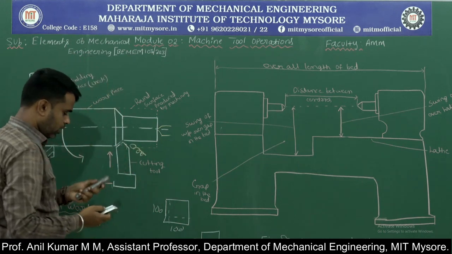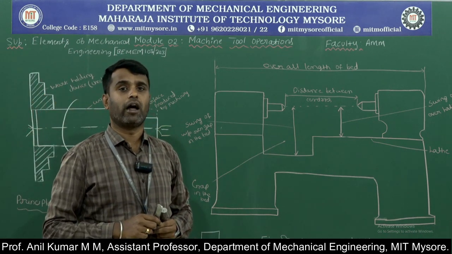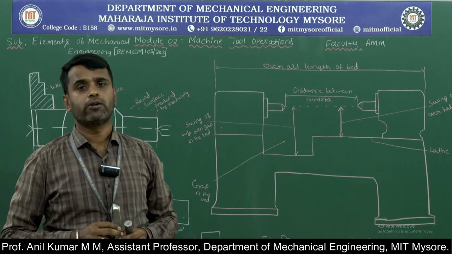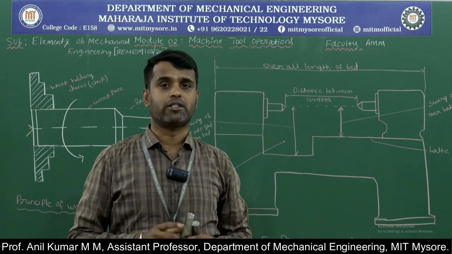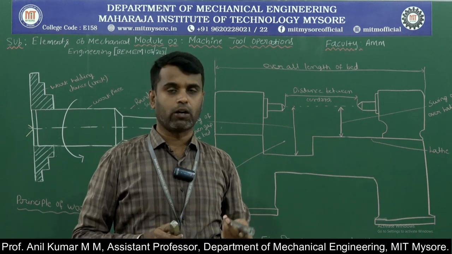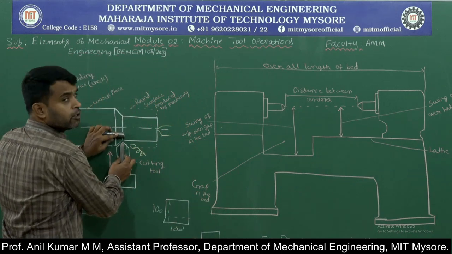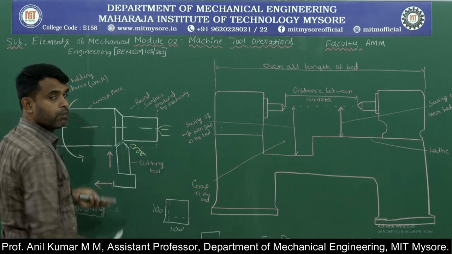The cutting tool we use should always be stronger and harder than the workpiece material. Normally the cutting tool is made of high carbon steel, high speed steel or carbides, and the workpiece will be mild steel. We just have to feed the stationary cutting tool against the rotating workpiece material.